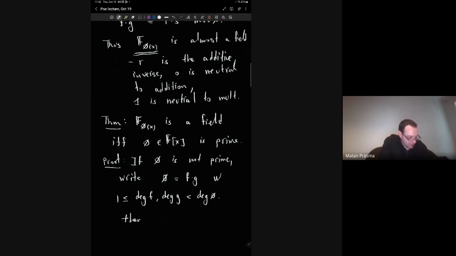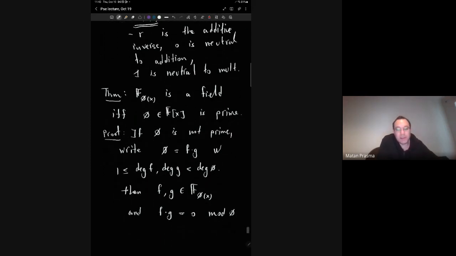Then since f and g are of a smaller degree than phi, I can view them as elements in this F sub phi. And I get that if I do modulo phi arithmetic, f times g is equal to 0 modulo phi. So I get two non-zero elements whose multiplication is 0, and this cannot happen in a field.